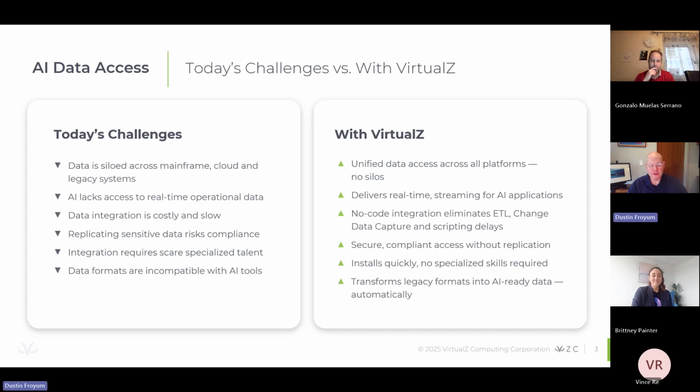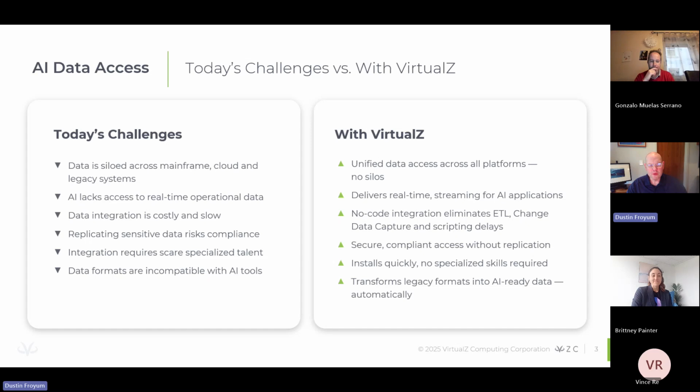That could slow down your integration and data availability, as well as taking up valuable mainframe resources or resources in your other environments. And obviously, the data transformation could also be costly and challenging when you're moving from mainframe-based data sets to ASCII, JSON, and other cloud databases and formats.